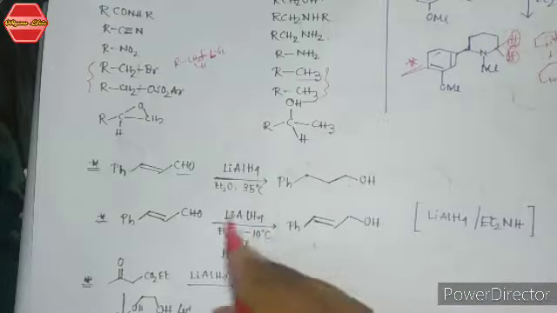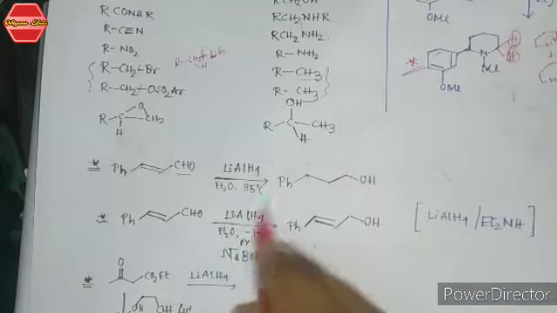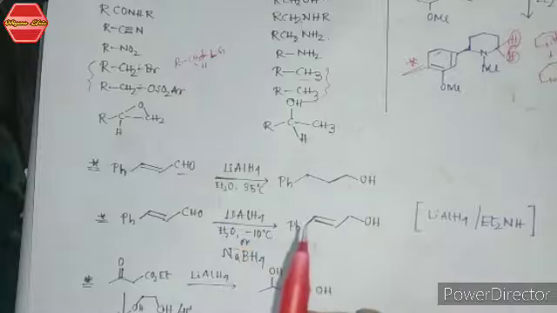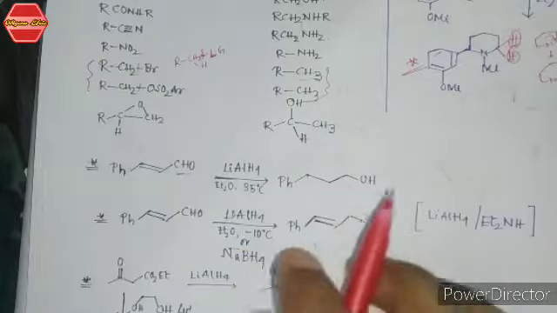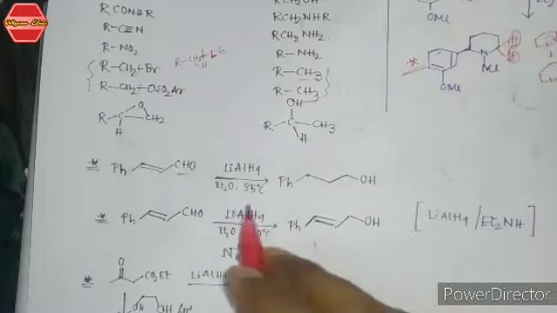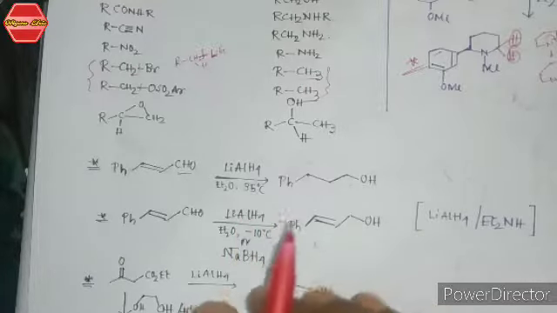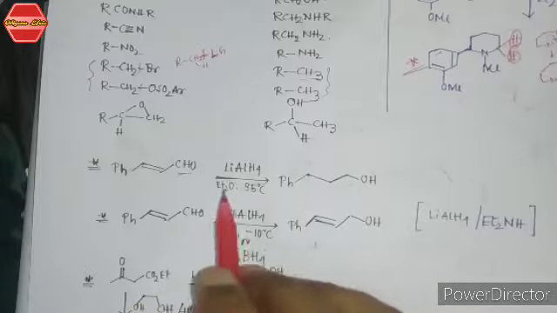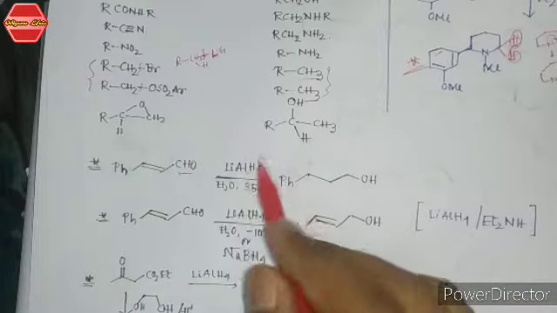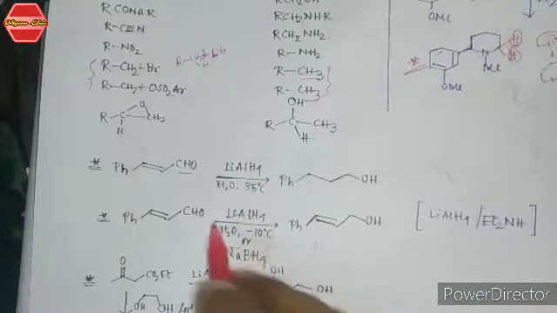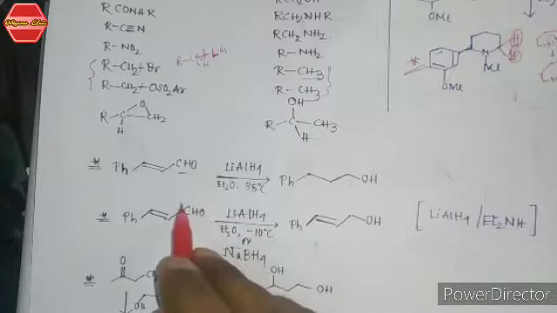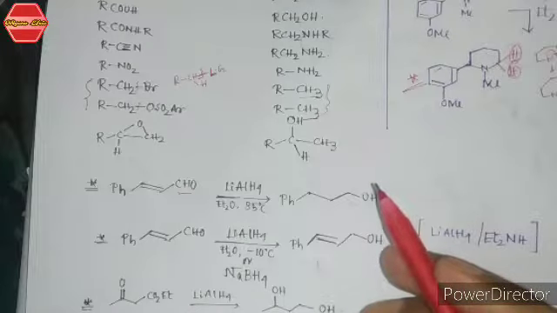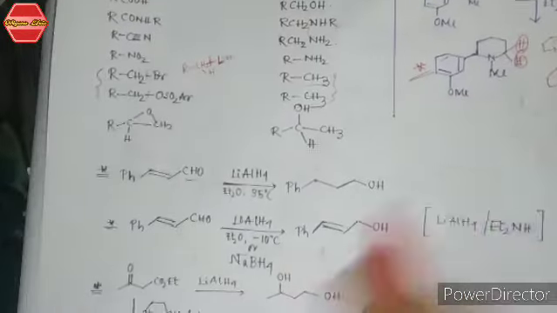Or you can follow this process, that is, lithium aluminum hydride at a lower temperature. If we lower the temperature of this process, its reactivity is quite a bit lower than normal lithium aluminum hydride. So in this reaction only the aldehyde is reduced to alcohol, but the alkene part remains intact.